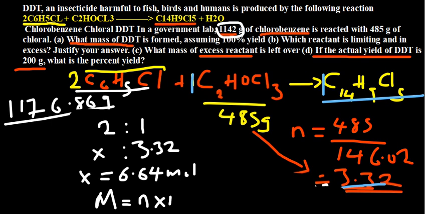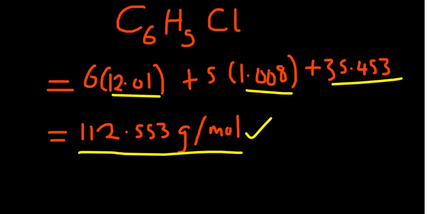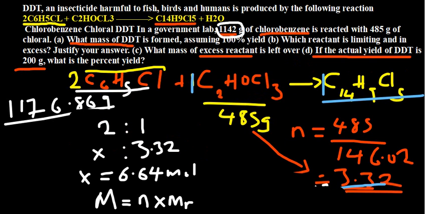So we already determined the molar mass to be 112.553. Then that should be multiplied by the number of moles, 6.64.